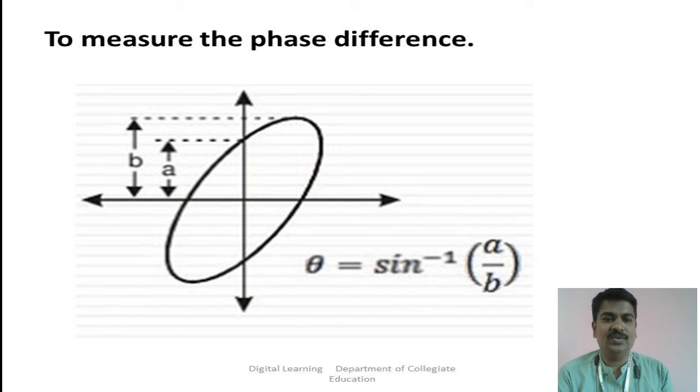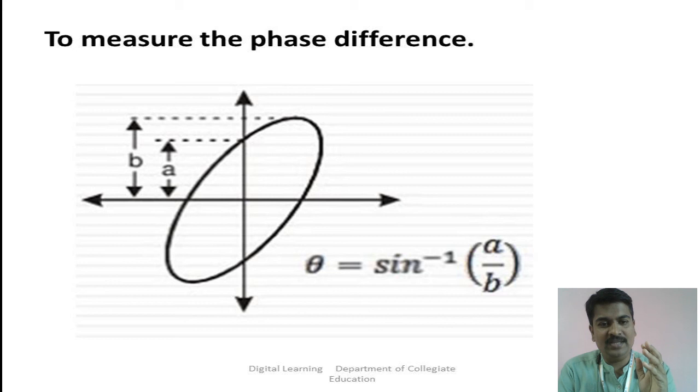So this is one of the special applications of the CRO, where we can find the phase difference of two waves. Any other instrument in the laboratory, like multimeters, will never measure the phase difference between two waves. This is the only instrument we see in our laboratories which measures the phase difference accurately.